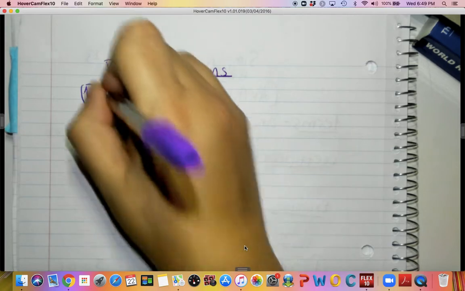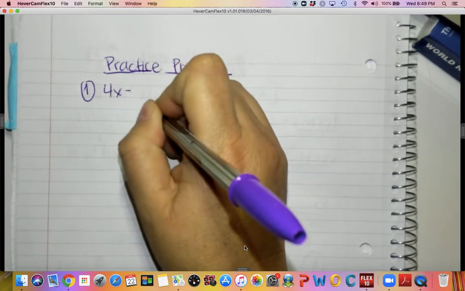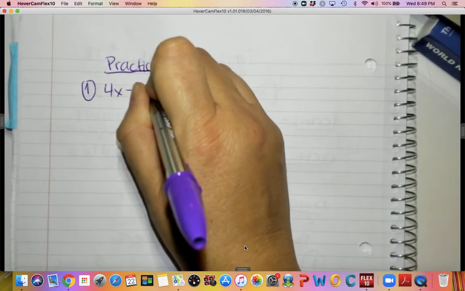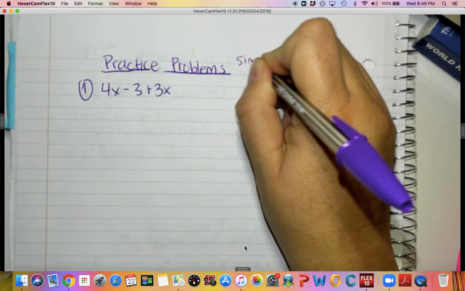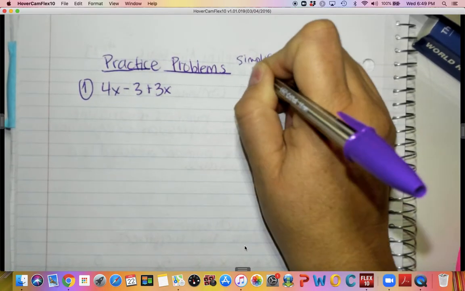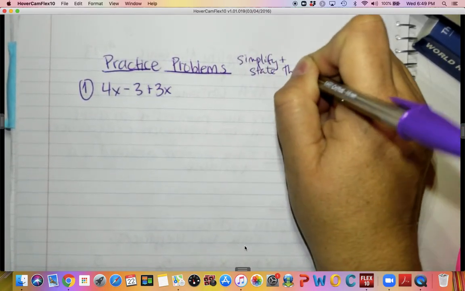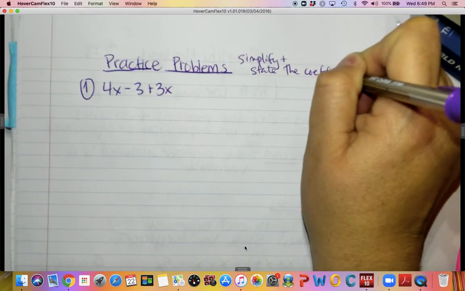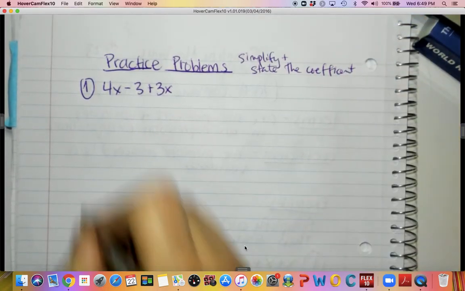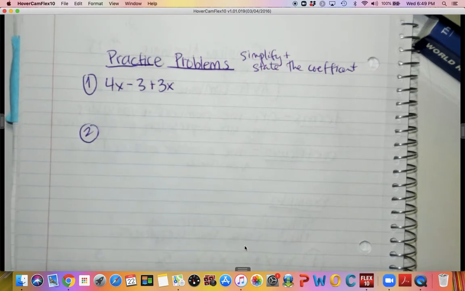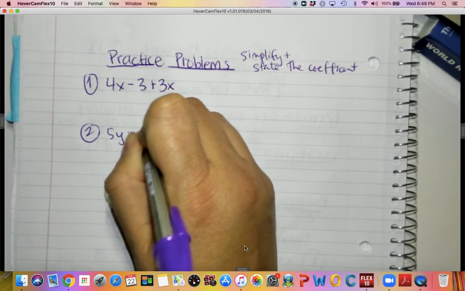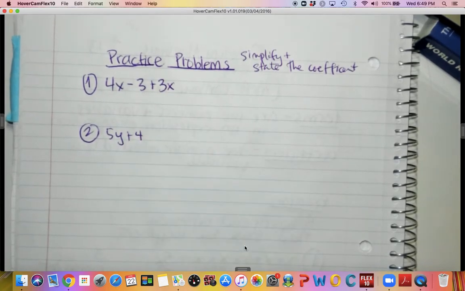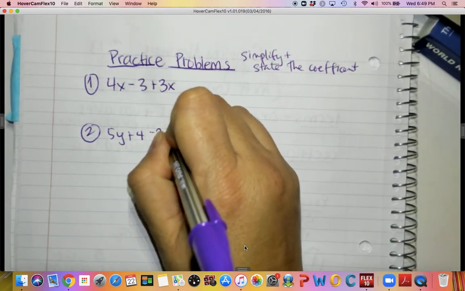So your practice problems are: number 1, 4x minus 3 plus 3x. Simplify and state the coefficient for all of these. Number 2 is 5y plus 4 minus 2y.